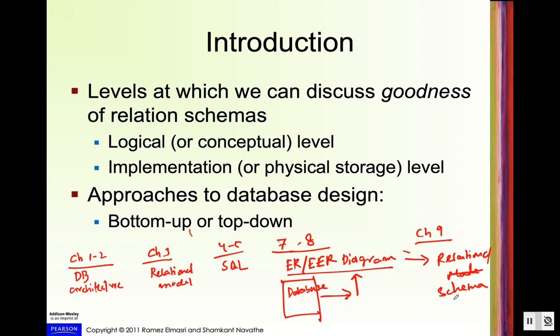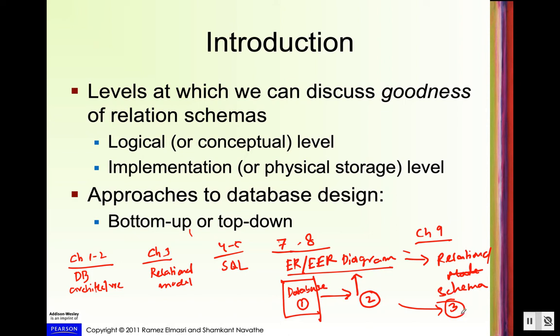Okay, but now we are going to talk about at different levels how we can discuss the goodness of this relational schema. The goodness means how we can discuss the quality of the relational schema. So if we think of this as step 1, then the ER diagram is step 2, and relational schema is step 3. Now after we got our relational schema, step 3, running SQL depends on our relational schema.